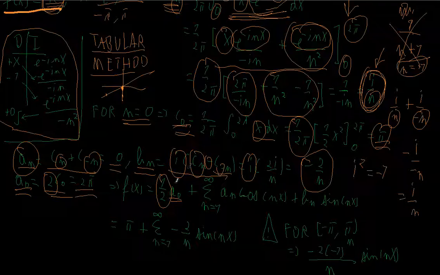Anyway, our real Fourier series is simply equal to 1/2 of a sub 0 plus the sum from n equals 1 to infinity of a_n cosine nx plus b_n sine nx. And remember, our a_n is 0, so the whole thing with cosine disappears. And remember that this a sub 0 is simply the term for n equal to 0, because if n is equal to 0 inside the sine, we get sine of 0, which is 0, so there is no b sub 0.